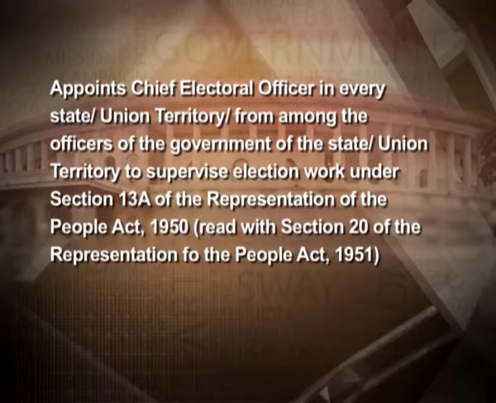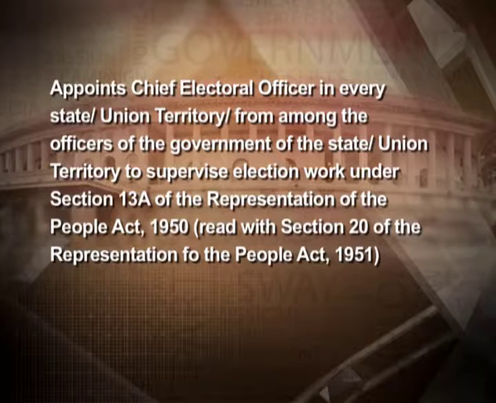Not only that, as you know that in every state there is a representative of, if I may use the word, a representative of the Election Commission. This is known as the Chief Electoral Officer. The Election Commission appoints one of the officers of the state government or the union territory as the Chief Electoral Officer. If it is a state or a union territory, whatever it is, it has to have a Chief Electoral Officer as a representative of the Election Commission.